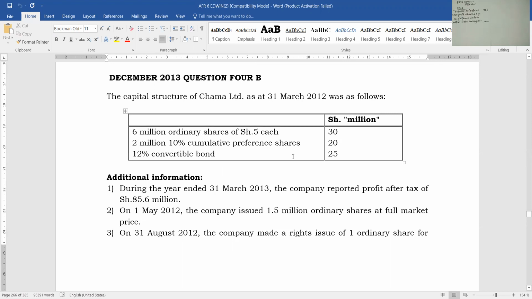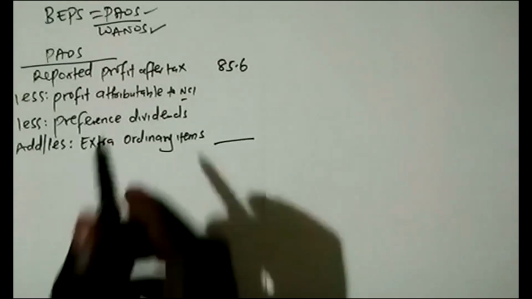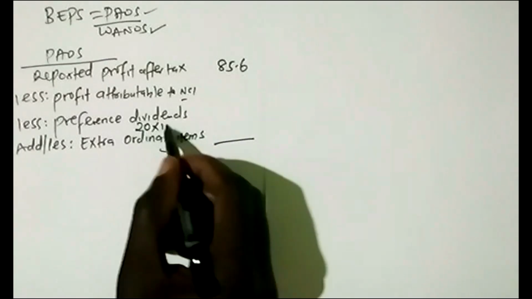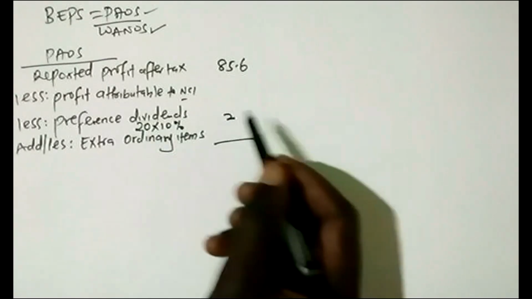The dividends which the entity will pay is 10% of the total amount. So this will be 20 times 10%, which is 2.